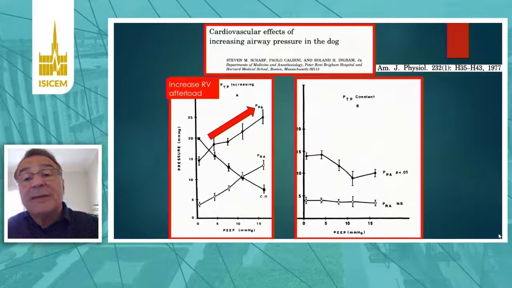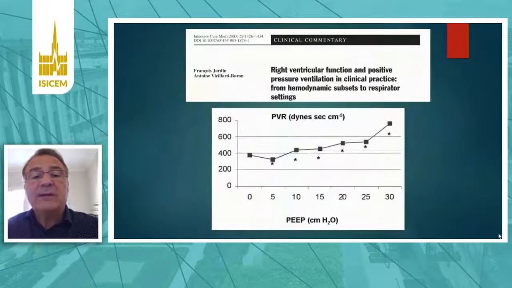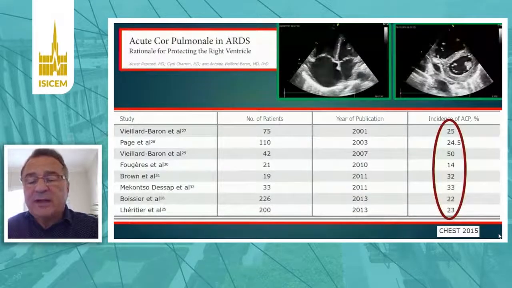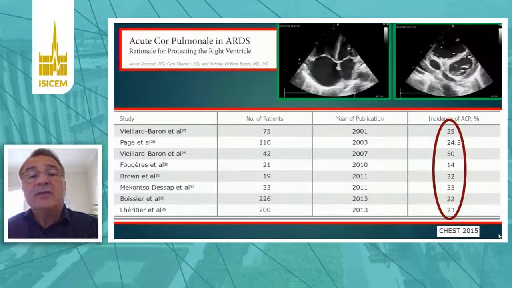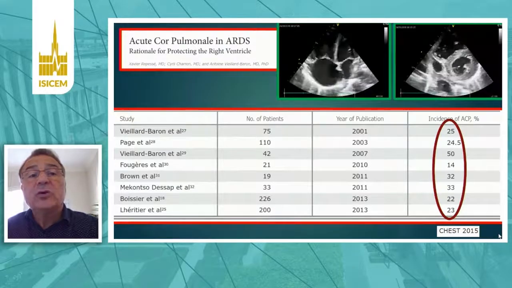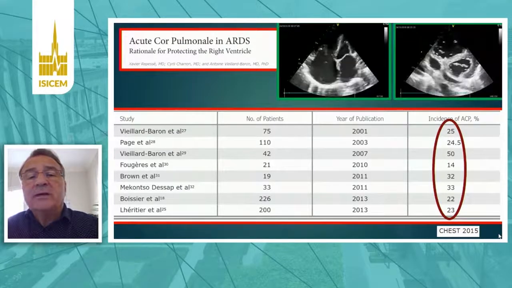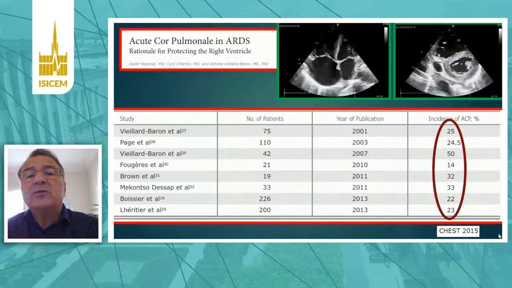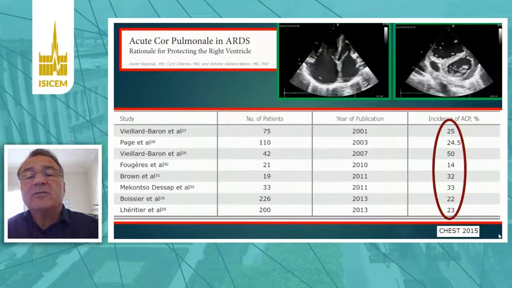Then mechanical ventilation may induce a hemodynamic impairment due first to a decreased venous return, and secondly, due to increased afterload of the right ventricle. And if you increase the afterload of the right ventricle, you may induce what we call an acute cor pulmonale during ARDS, and you have a very nice imaging on echo on the right-hand side of the slide.